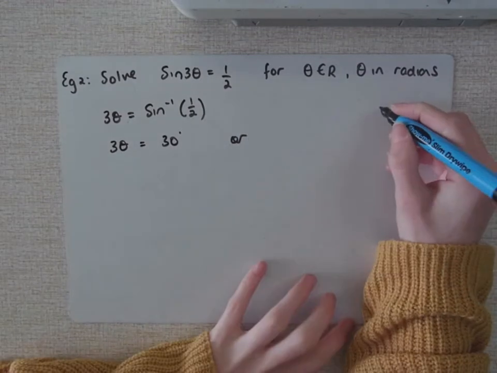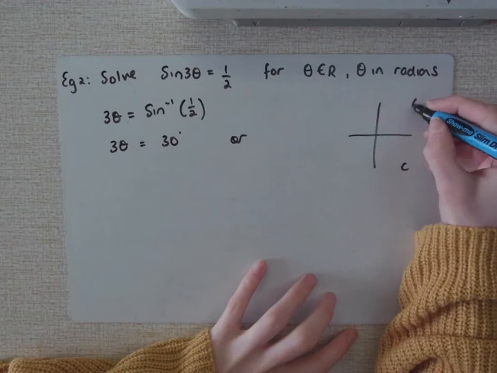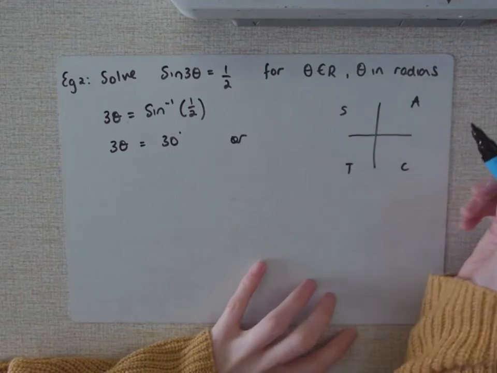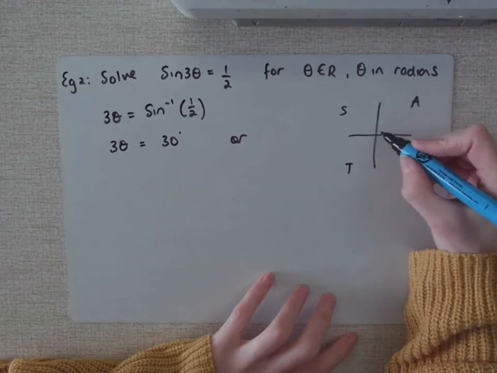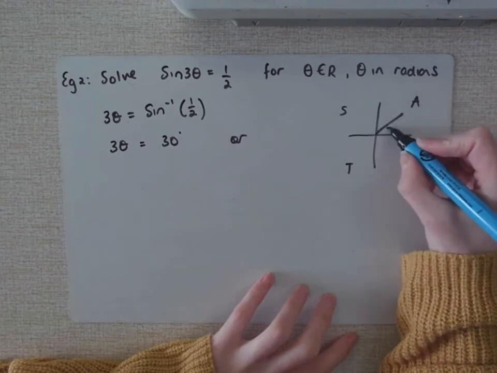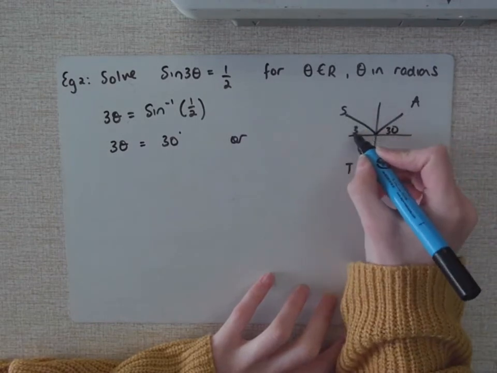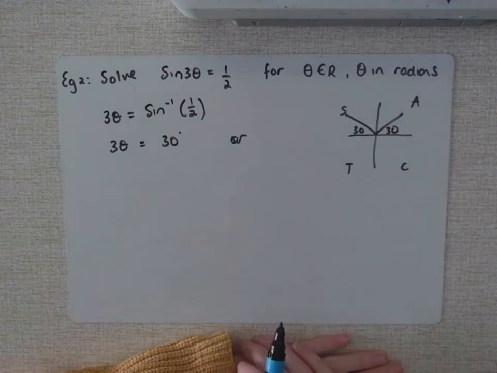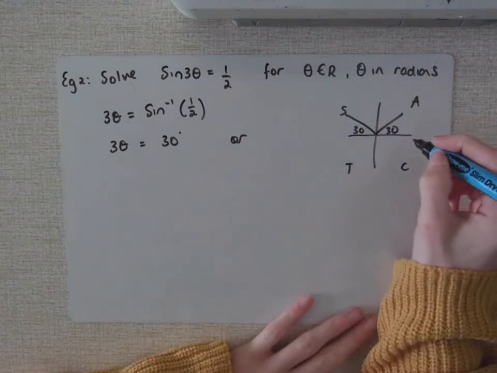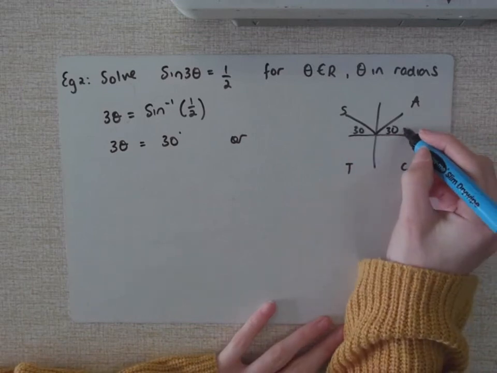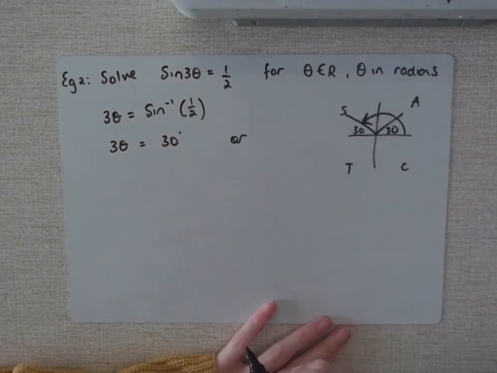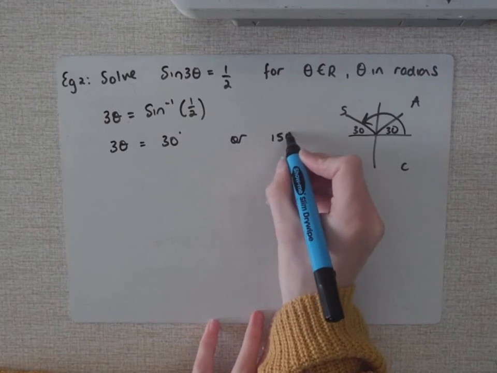We know there's two solutions to that. Now, it was positive, and it's sine, so we're here at 30, or we're here at 30. If I'm here at 30, what's my angle? 150. Good.